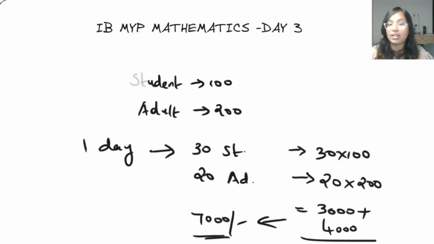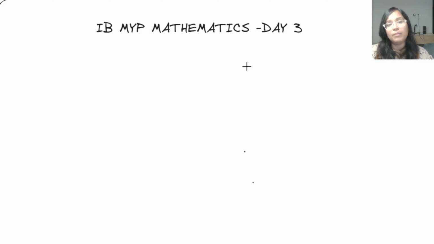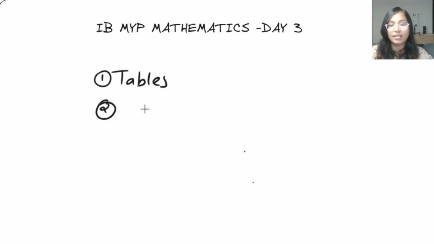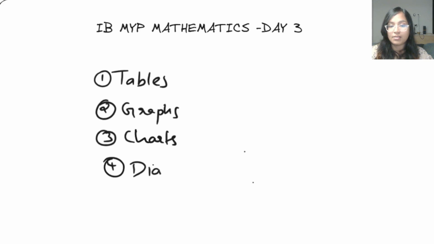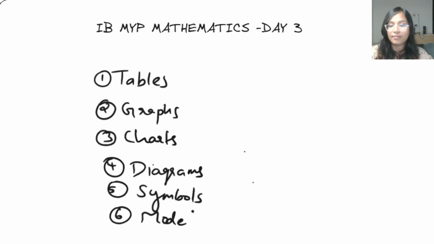Now let's discuss diagrams. Communication is not only by words. Mathematics communicates using tables, graphs, charts, diagrams, symbols, models, etc. Suppose I ask, how does temperature change throughout the day?